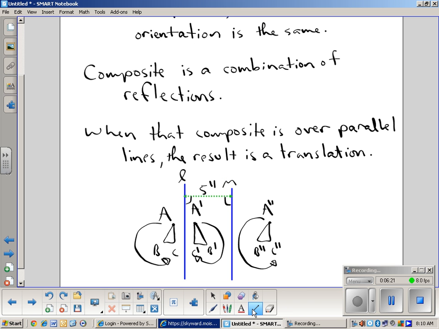Then that means the distance between these 2 points, they're all on the same line, is going to be 10 inches. Okay? It's going to be 10 inches. So however far apart the lines are, the result of the translation is going to be twice as far. Okay? It's going to be twice as far.